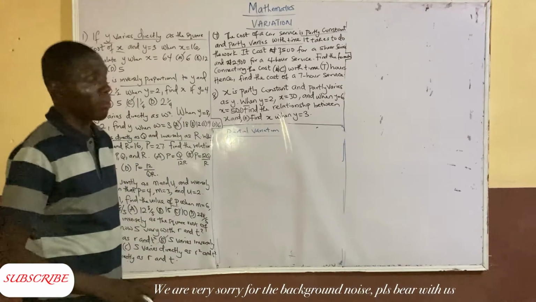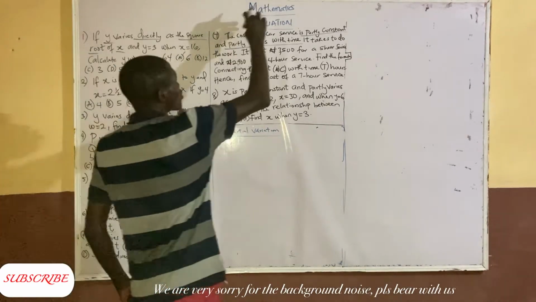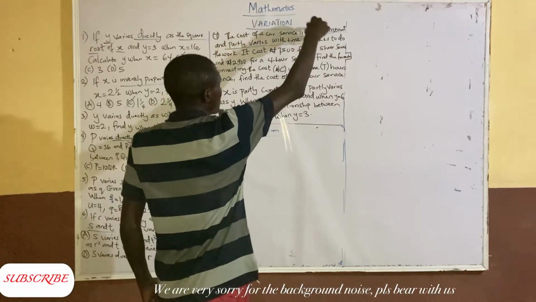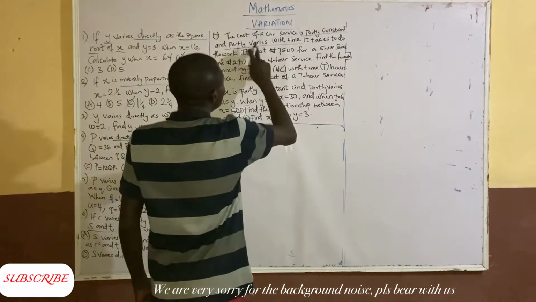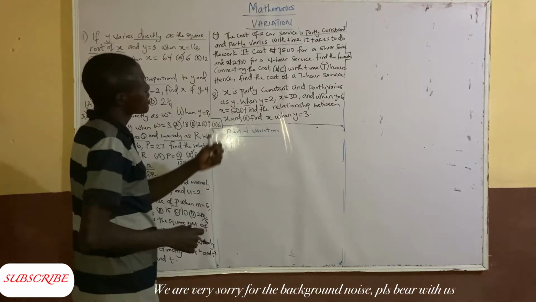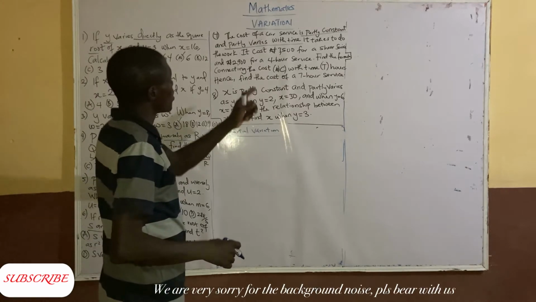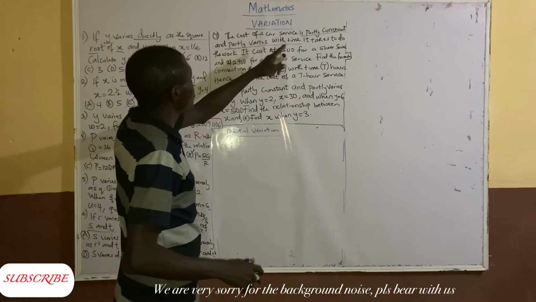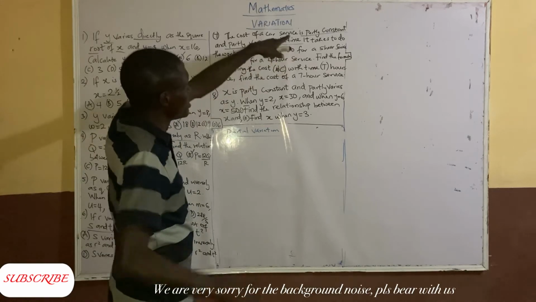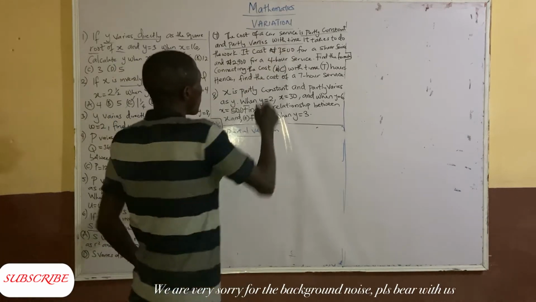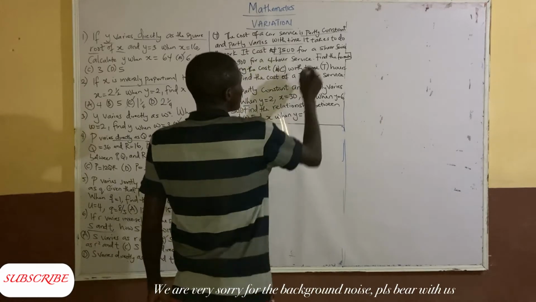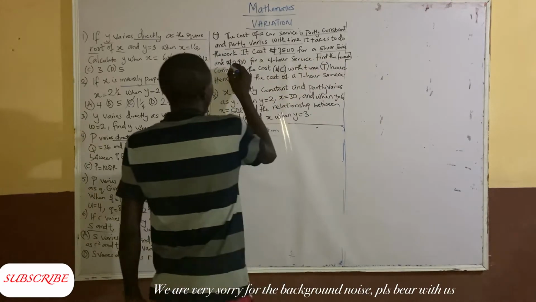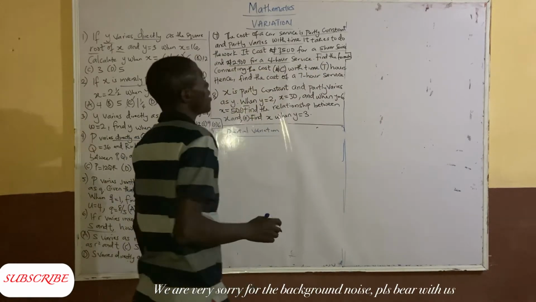So how do we go about it? It said the cost of a car service is partly constant and partly varies with the time it takes to do the work. It costs 3,500 for a 5-hour service and 2,900 for a 4-hour service.